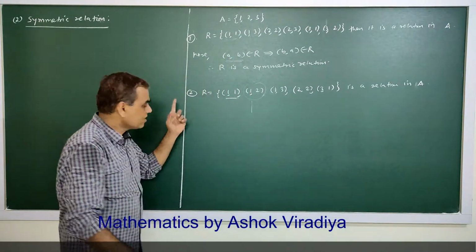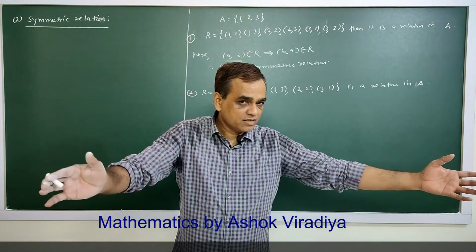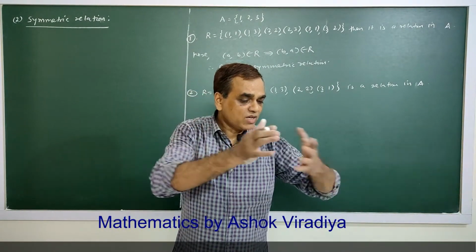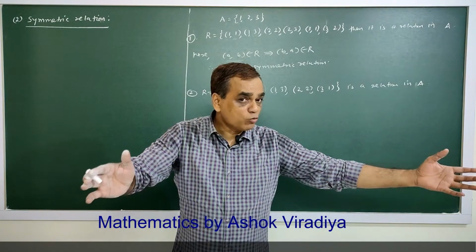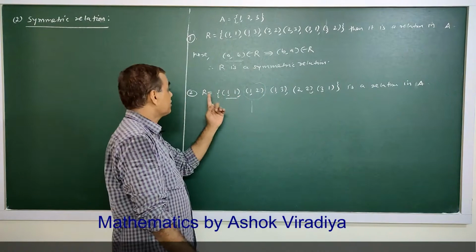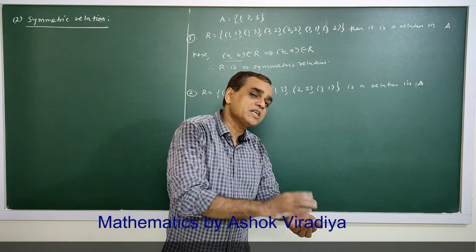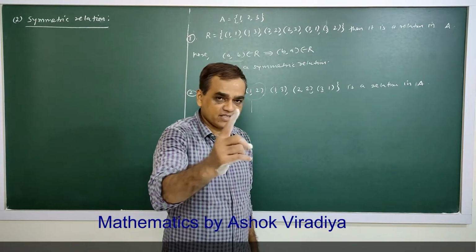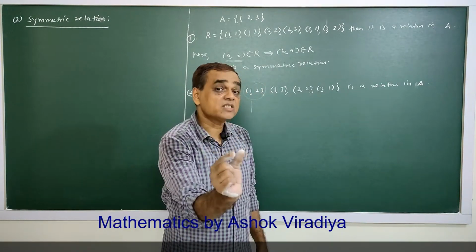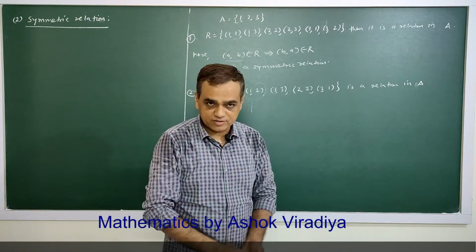If a relation contains 100 ordered pairs, and 99 satisfy the condition (a,b) belonging to R implies (b,a) belonging to R, but you find at least one element whose inverse does not belong to R, then it is not said to be a symmetric relation.